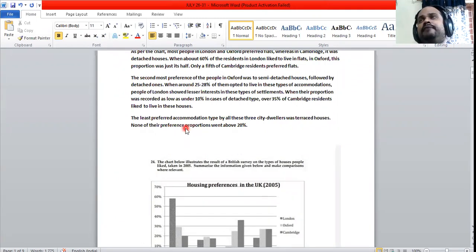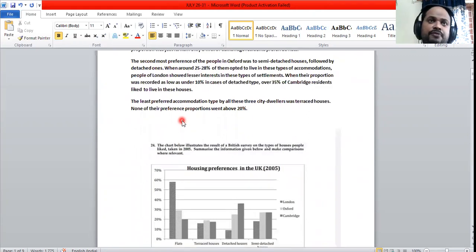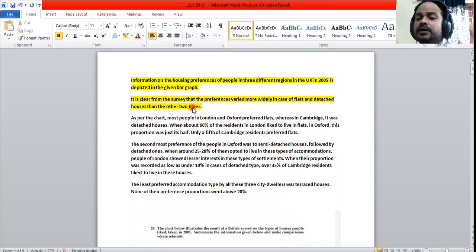The third paragraph deals with terraced houses, the least preferred. Grouping is done, and all the figures are not given, but almost all the significant points are mentioned. So it is well and good. It's concise, well organized, grouped, with comparisons. Yes. Thank you.